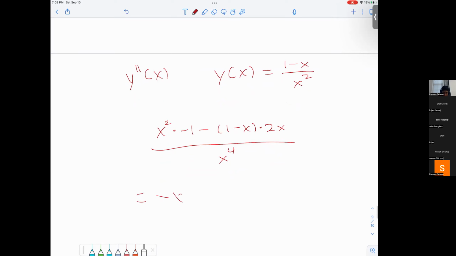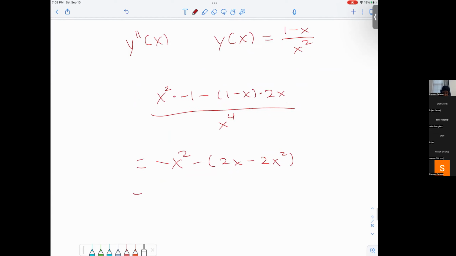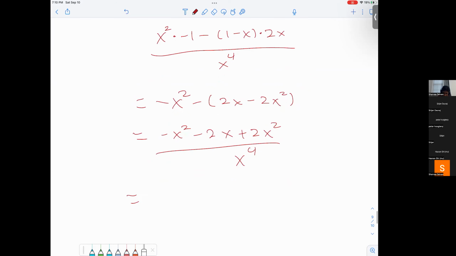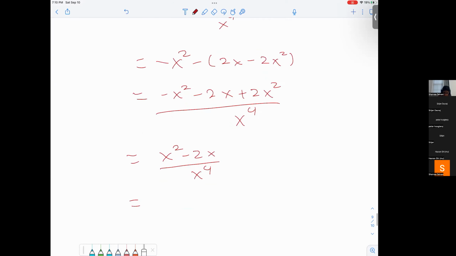And you'd get negative x squared minus 2x minus 2x squared. And we can go further and simplify this down as negative x squared plus 2 minus 2x plus 2x squared all over x to the fourth, which is x squared minus 2x all over x to the fourth. We can cancel out an x, so you get x minus 2 all over x cubed.